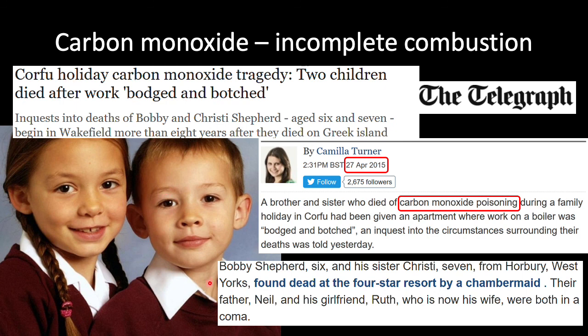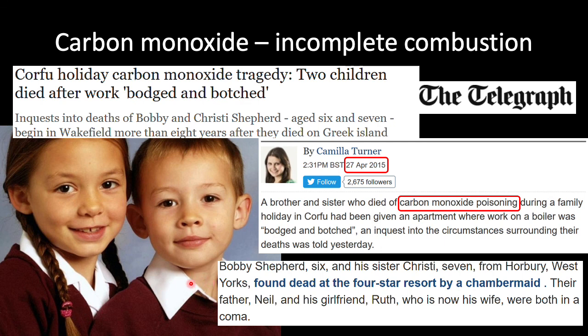They were staying in a flat with their parents, and unfortunately the landlord of the flat hadn't gotten the boiler serviced and there was no carbon monoxide alarm. If you have a boiler in your home, it's absolutely critical, this is a boiler that runs on methane gas, that you have a carbon monoxide detector in close proximity to the boiler and you make sure that the boiler is serviced.